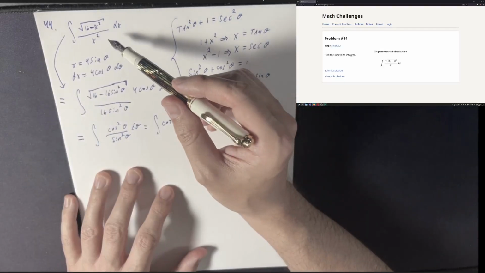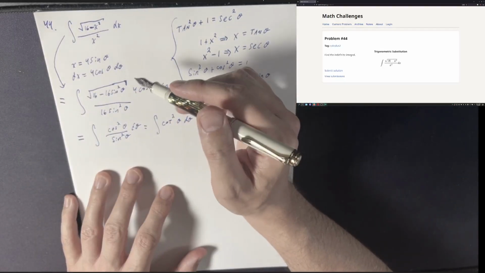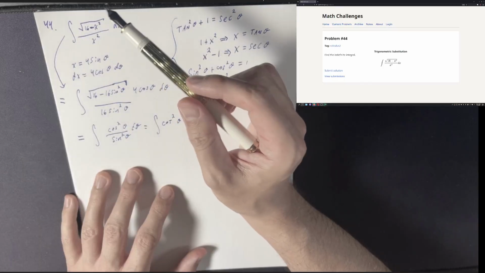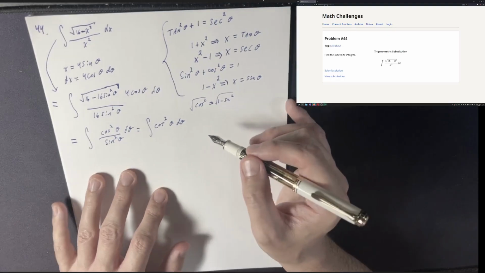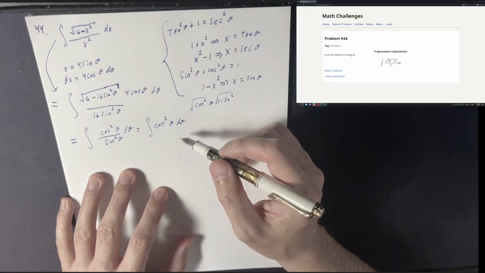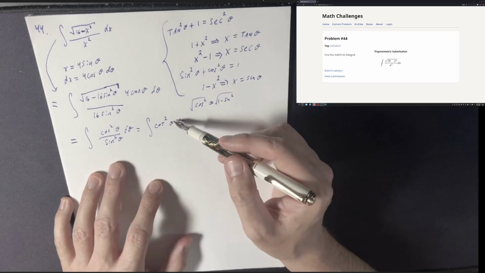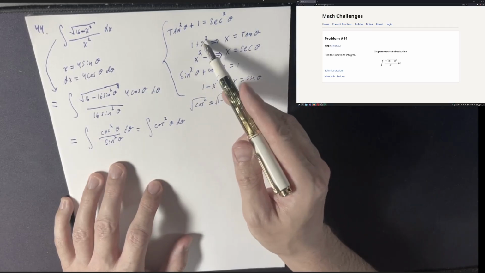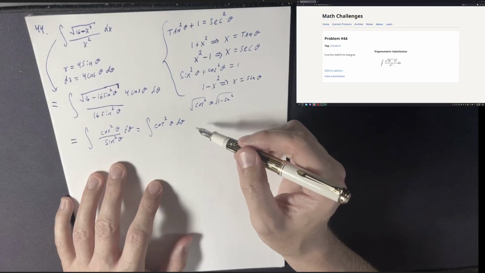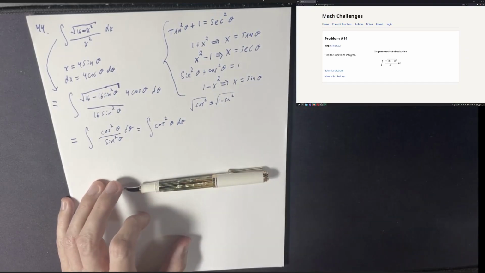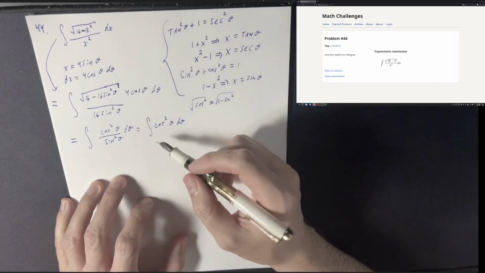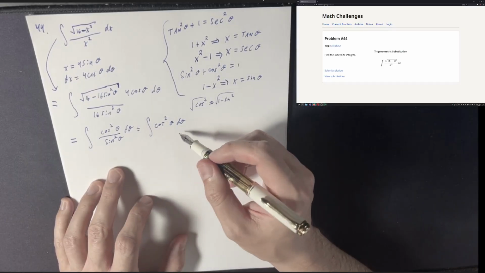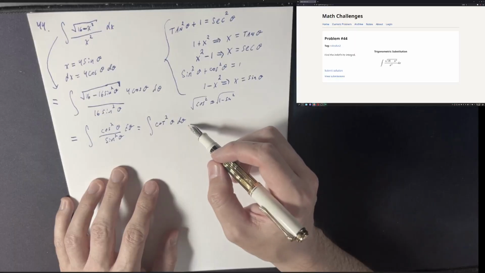I wonder, no. Yeah, I shouldn't get stuck here. If it was secant, we'd be done immediately, right? We would just integrate. Anyway, I'm stopping here because I'm a little rusty and I just don't remember.